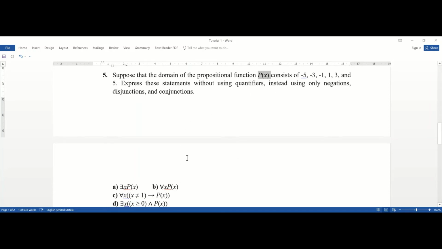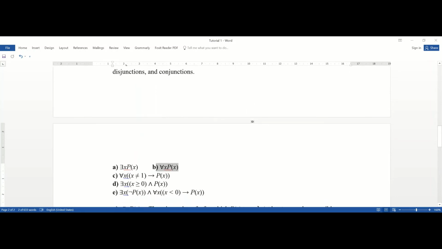Instead of saying P(-5) or, we say P(-5) and P(-3), P(-1), and P(1), and P(3), and P(5). So you apply the conjunction between the elements. We explained this in the previous class.